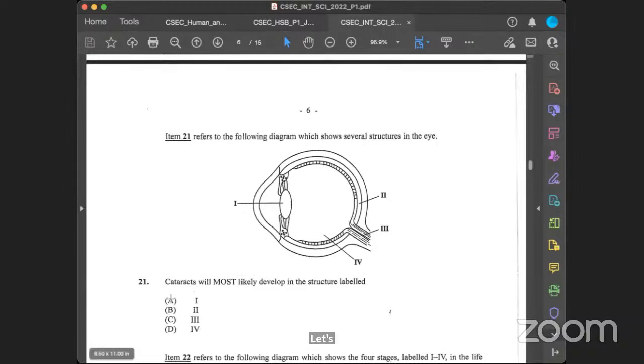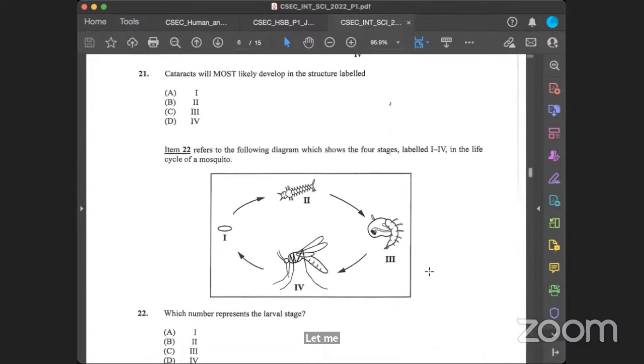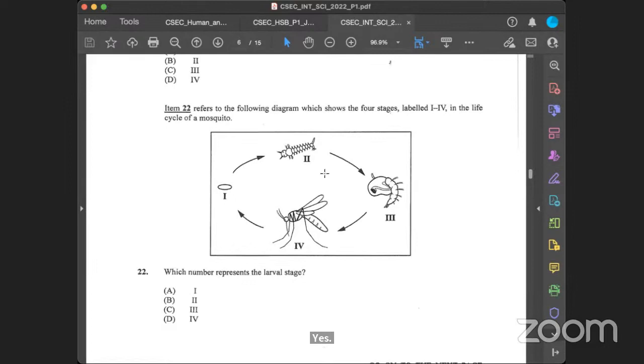What's the larva stage? Which one is the larva? Egg is 1.